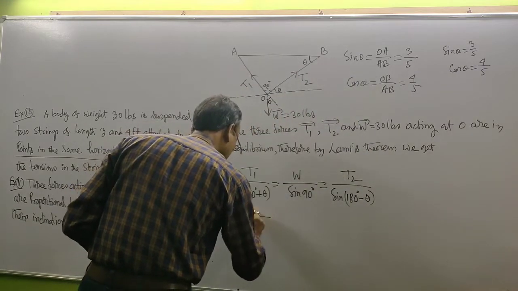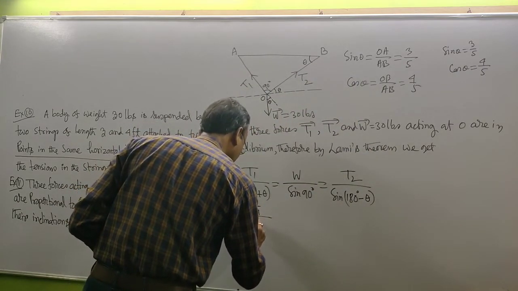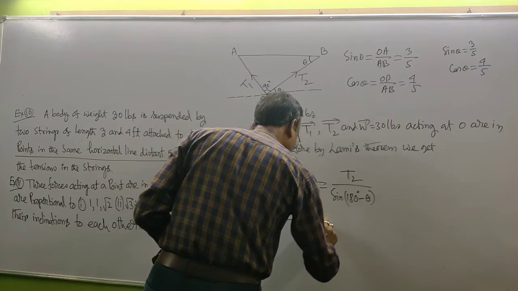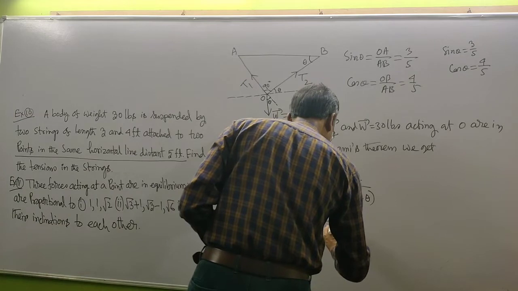This means T1 divided by cos theta is equal to W divided by 1, equal to T2 divided by sin theta.